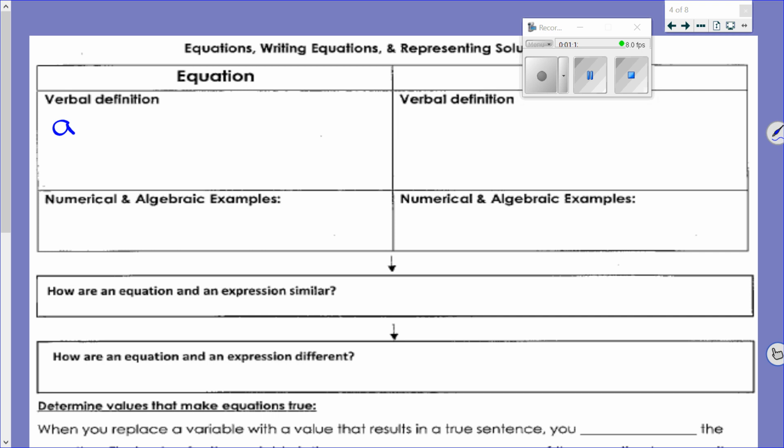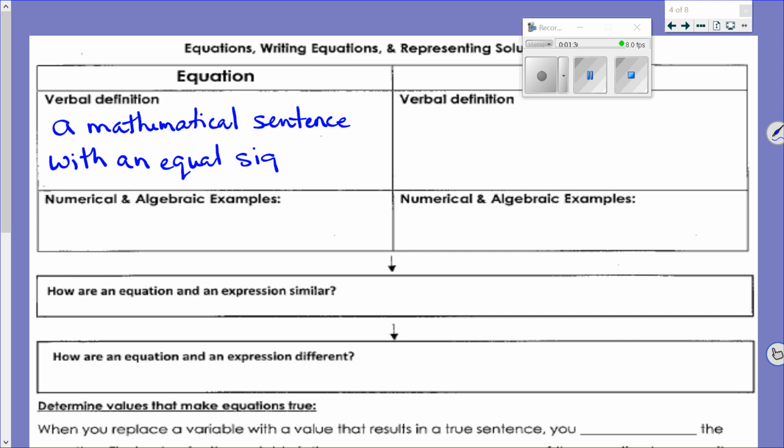We're going to say it's a mathematical sentence with an equal sign. Now, that being said, it does include or can include operations, numbers, variables, in any combination. But one big key in an equation, I've got an equal sign.